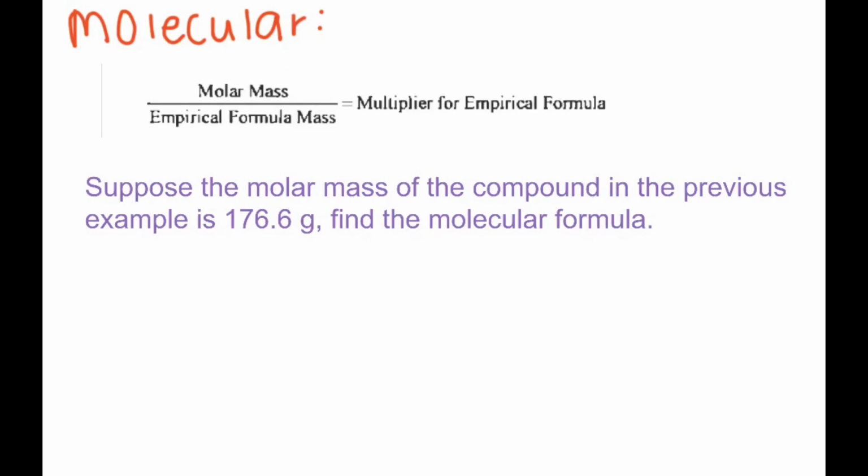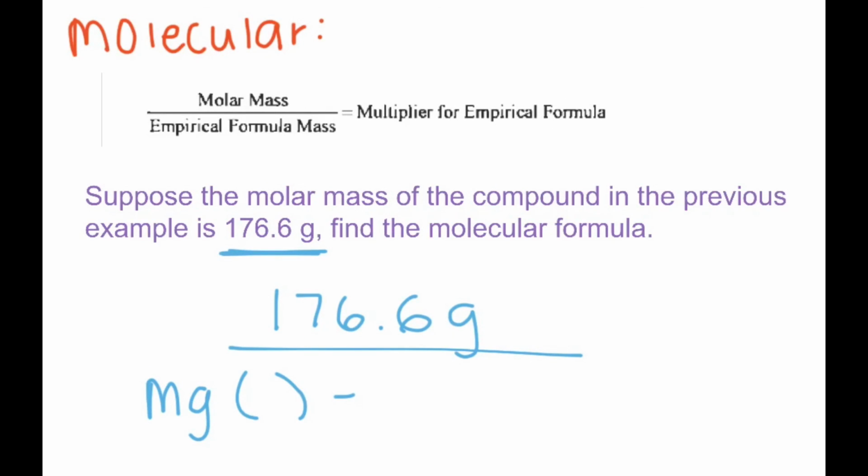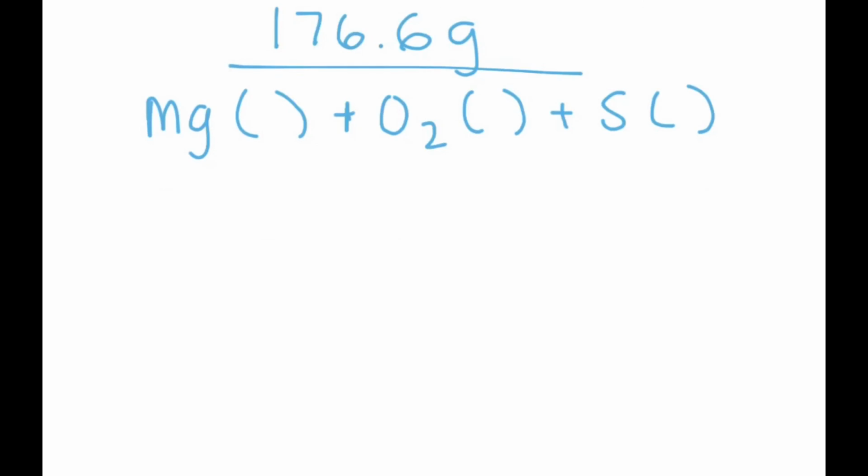So now we take the molar mass, which is 176.6 grams, over the empirical formula mass, which is the mass of Mg plus the mass of O2 plus the mass of S. By looking at a periodic table, we see that the mass of Mg is 24.3, the mass of O, which is 16, times 2 is 32, and the mass of S is 32.1.